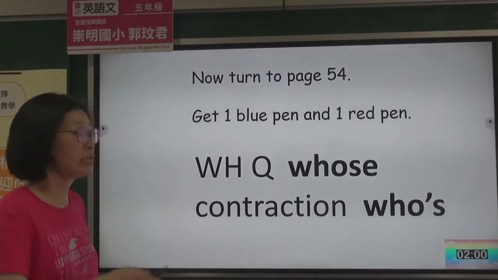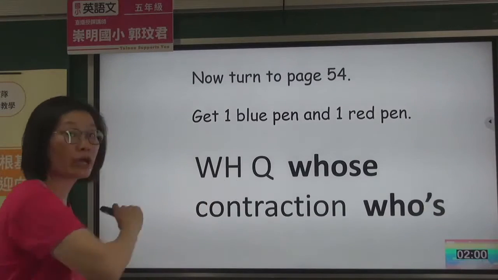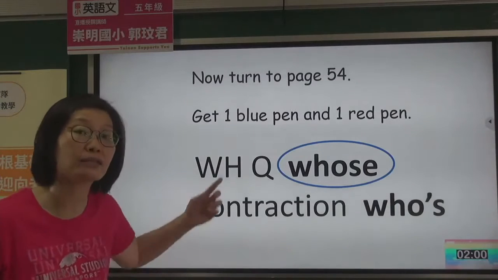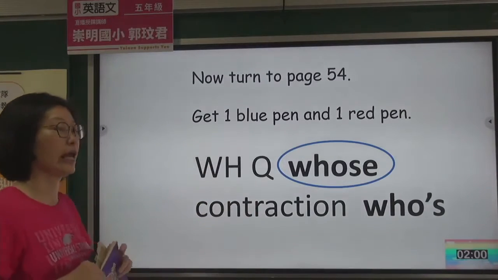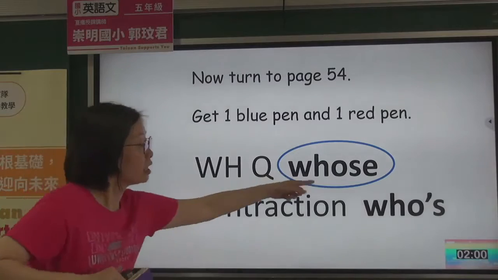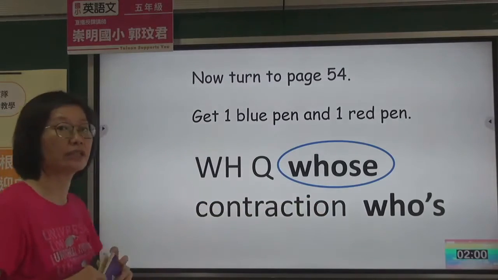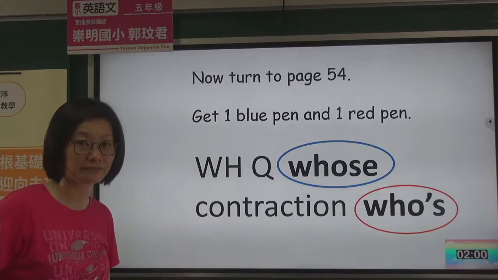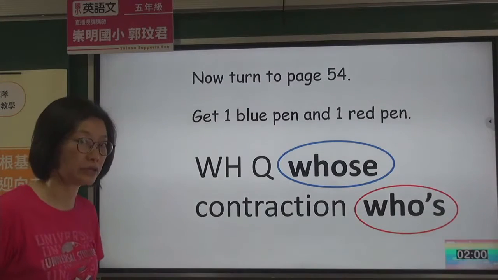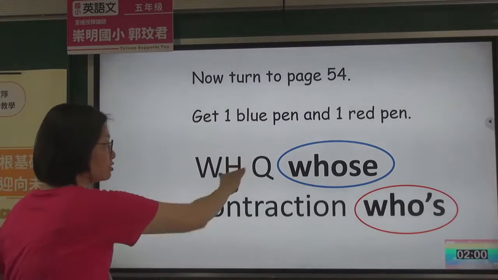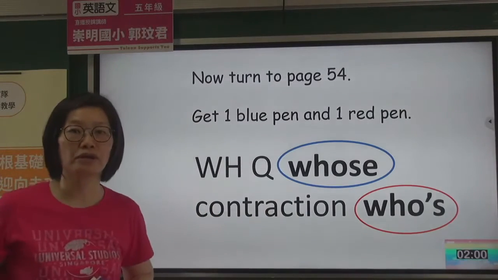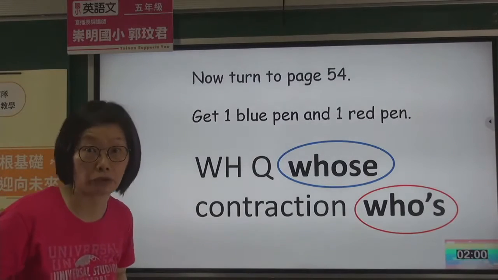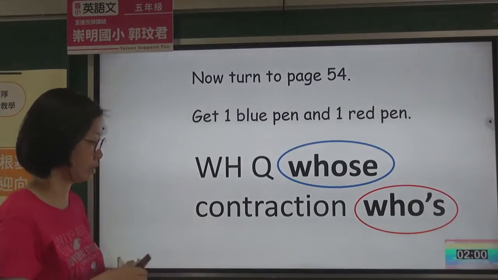If you see WH question whose, I would like you to use the blue pen to circle it. And if you see contraction who's, then I would like you to use the red pen to circle. Do you get it? Okay, so find out whose or who's in the conversation, and I'll give you 2 minutes. Here we go.